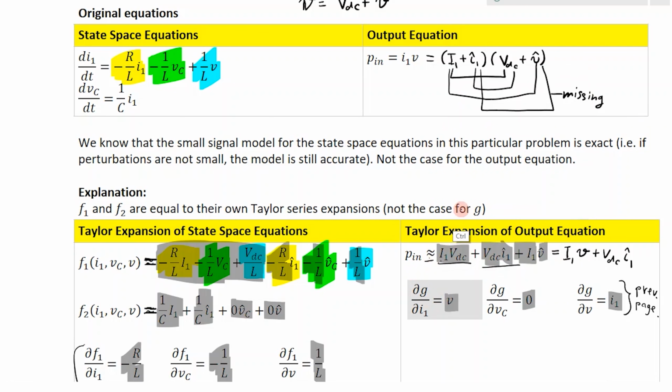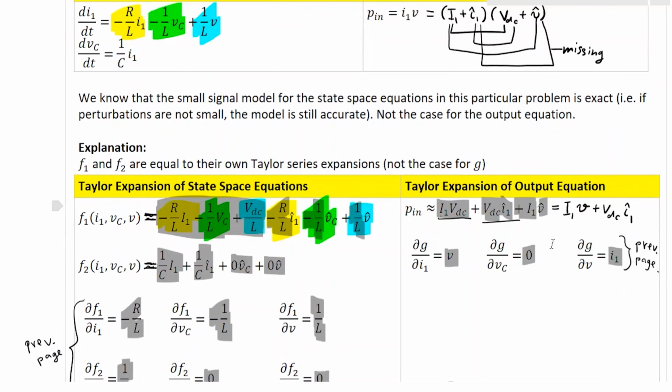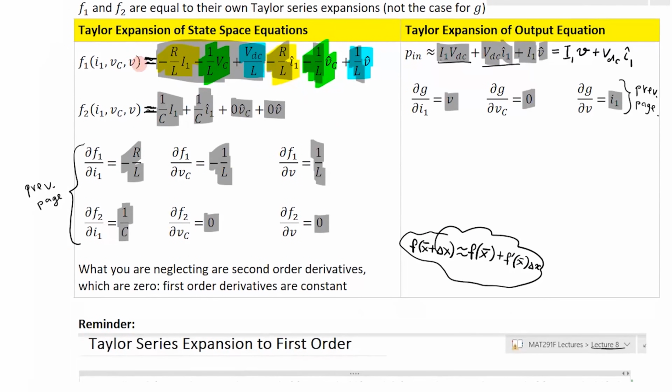Now we know that this is a small value, I1 hat V hat, because it's two perturbations multiplied together. But the reason why here we have approximate equality is because in Taylor expansion we're neglecting second order derivatives.